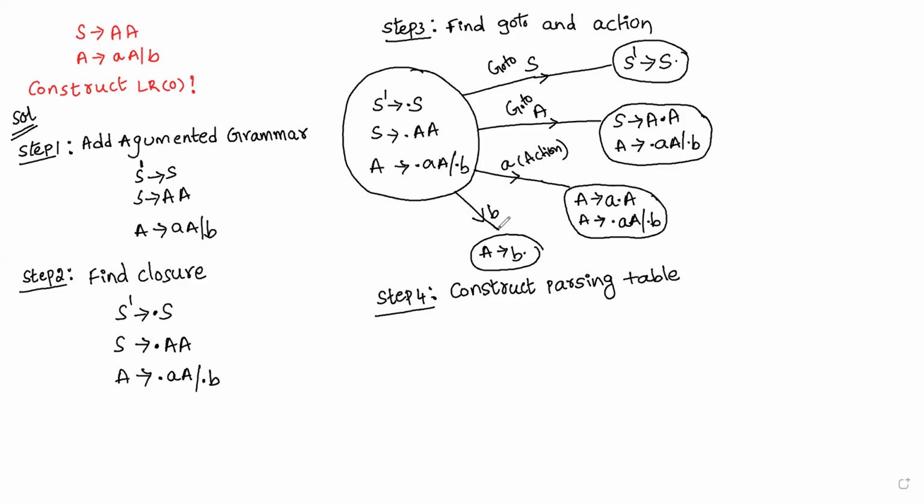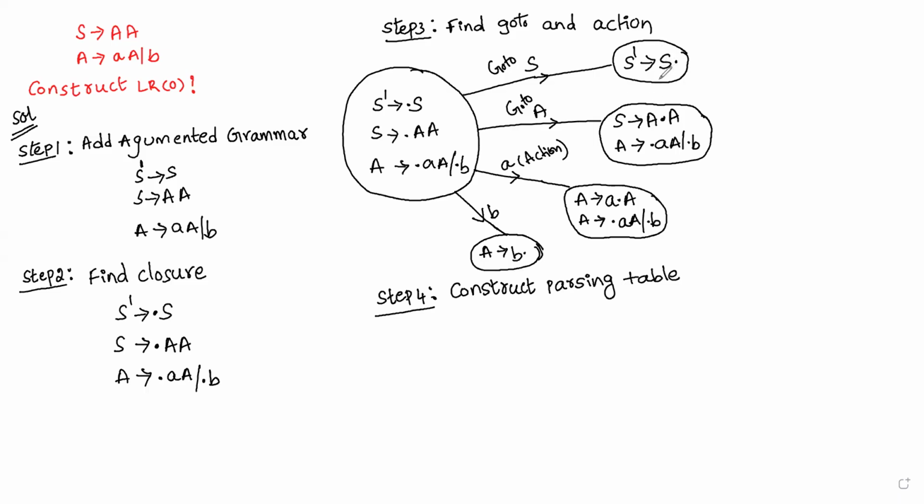So it will become b dot, friends. We completed capital S, capital A, small b. Now when you find this dot at the end, you don't bother about this one. Then you go for the next one.